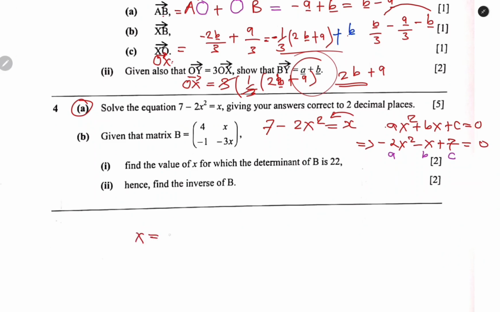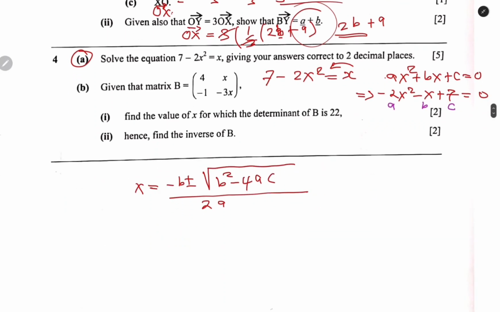So x is equal to minus b plus or minus square root of b square minus 4ac, divided by 2a. I guess up to this point everything is okay. So let us replace. Our b is negative 1. Multiply this negative, it will be positive.